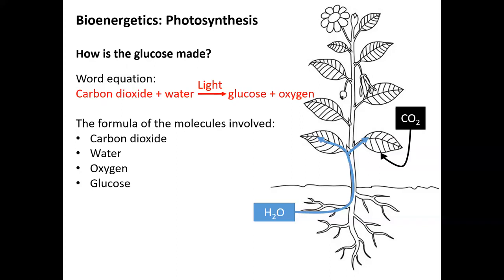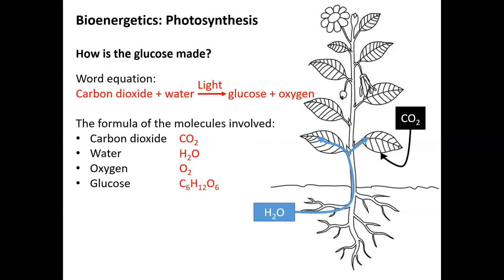Now, carbon dioxide, CO2, water, H2O, oxygen, O2, and glucose, this is the one that you probably haven't heard of before or find tricky to remember, is C6H12O6. So there it is.